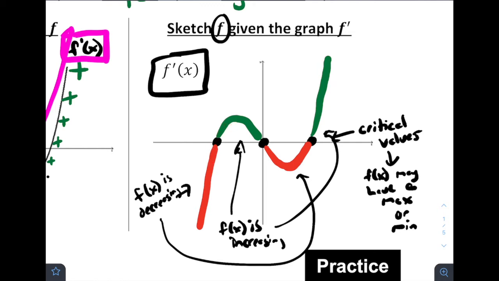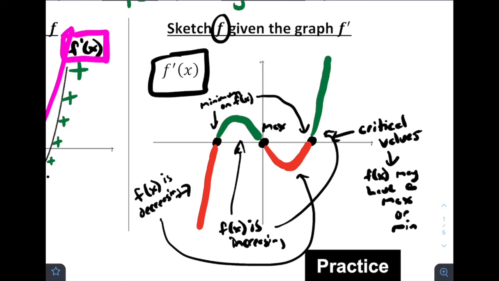We know from our earlier work that this tells us this x value is going to be a minimum on f of x. Similarly, that's going to be true for this one over here as well, because the derivative is switching from negative to positive. It's changing signs through that critical value. We also notice that this point here in the middle is switching from positive to negative, and so that's telling me that there's going to be a max at that x value.